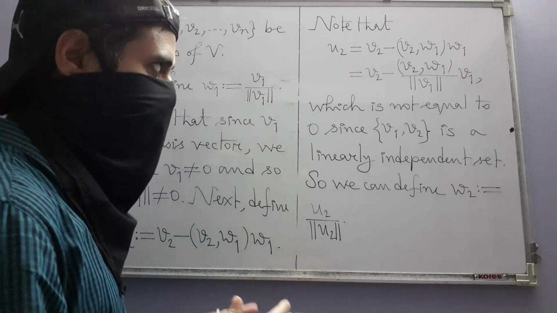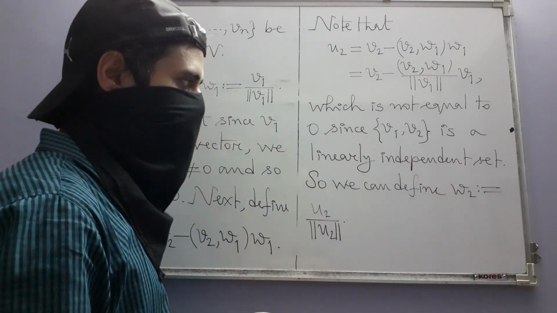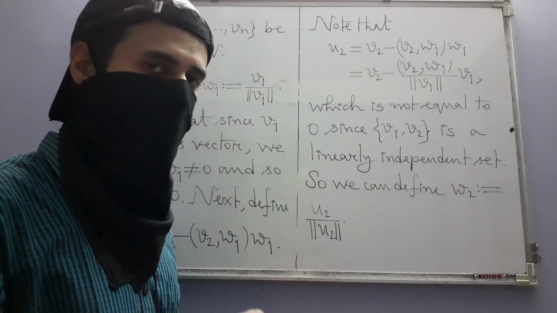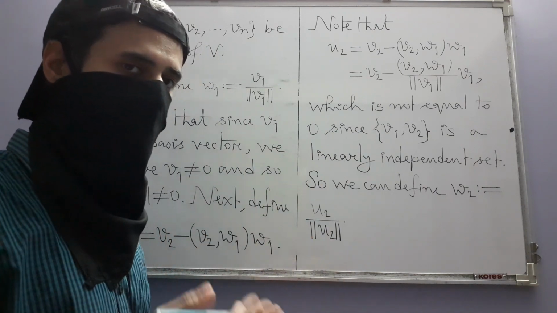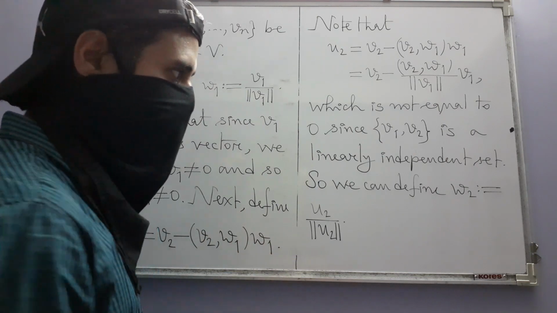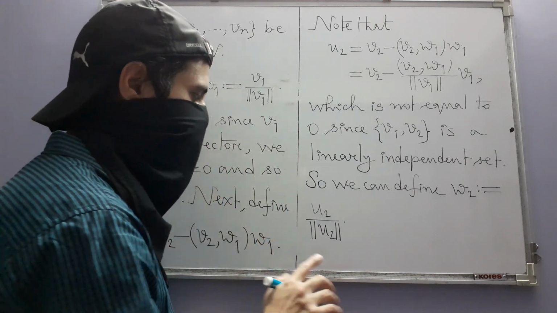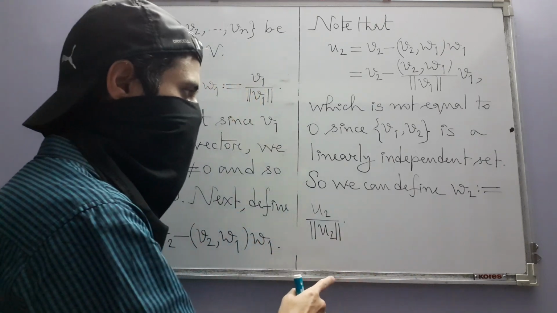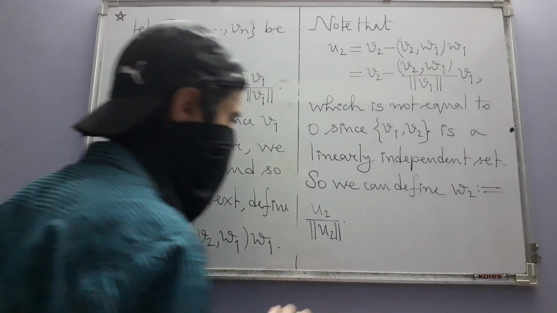Okay, so now we are going to note some things about W1 and W2. Some things that are true about these vectors, and also one thing that is true about them together. That is, what I am trying to say is that W1 has length 1, W2 also has length 1, and W1 and W2 are orthogonal to each other.